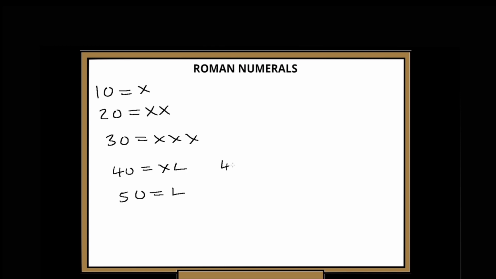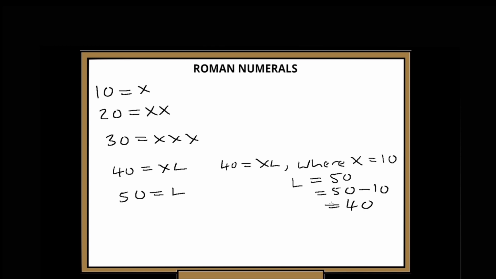In the case of 40, we have that 40 equals XL, where X equals 10 and L equals 50. So when a smaller number comes before a larger number, it will be minus. So 50 minus 10 equals 40. And this is how we got XL for 40.